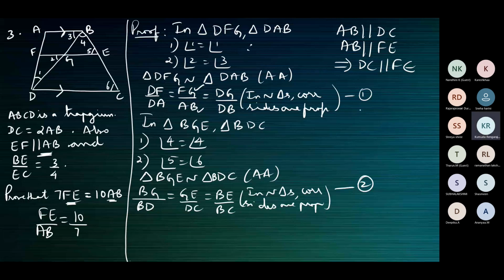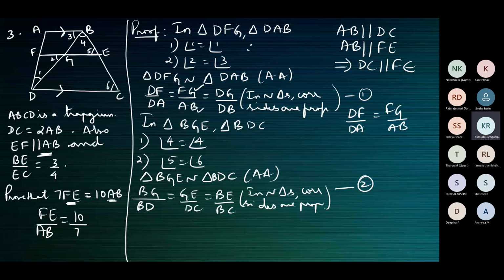Supposing you take DF by DA is equal to FG by AB. Take any two, children, but it should have FG by AB, because in the final result we have FE. FE is nothing but FG plus GE.